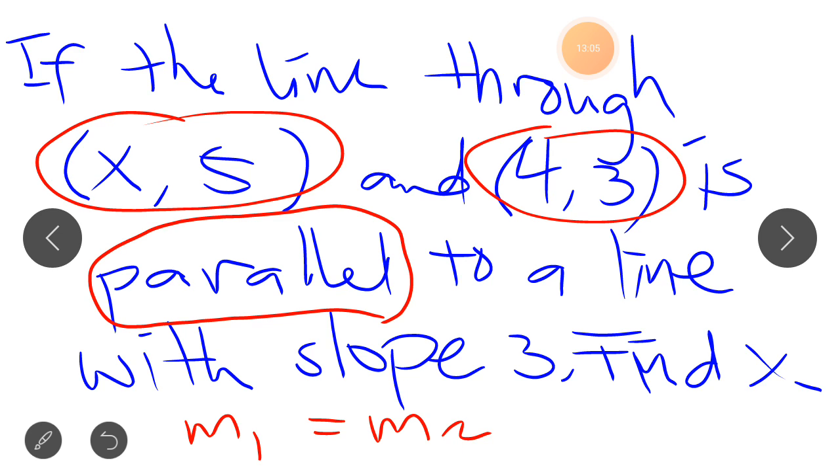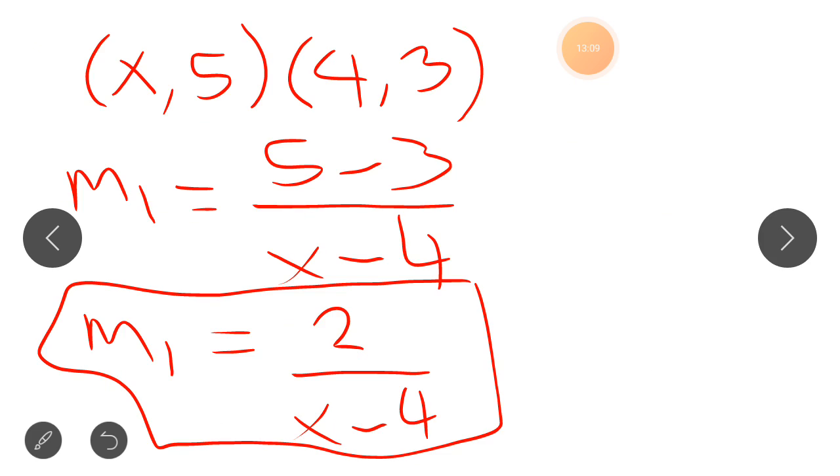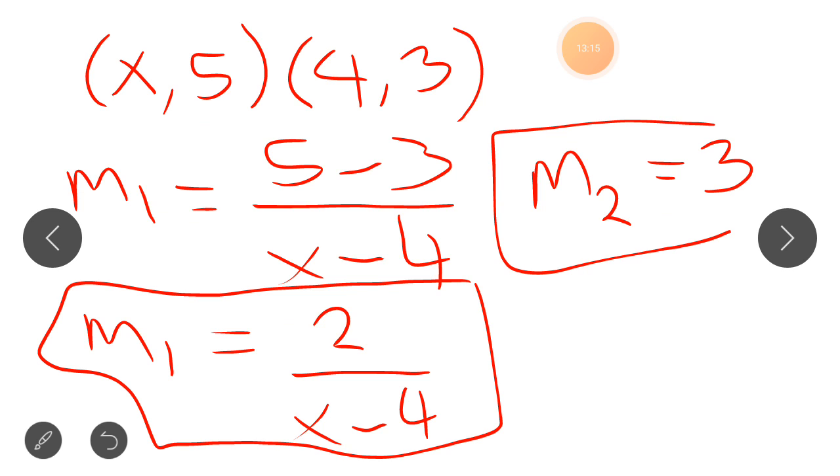Now, it is stated here that the slope of the second line is 3. So there's no need to compute because the slope of the second line is already given, and that is equal to 3. Now our goal is to find x. So we just have to equate this because they are parallel. Therefore, the slope of line 1 equals the slope of line 2.